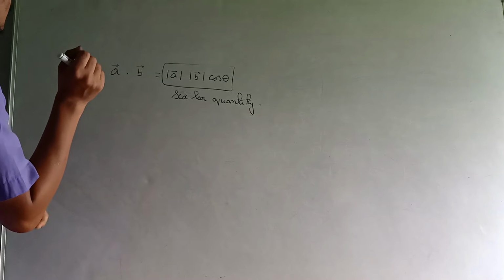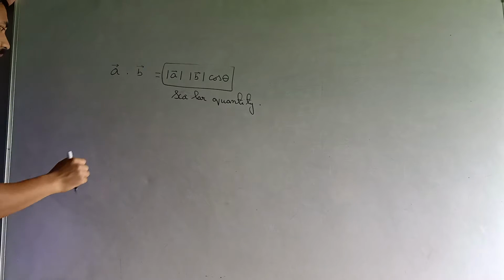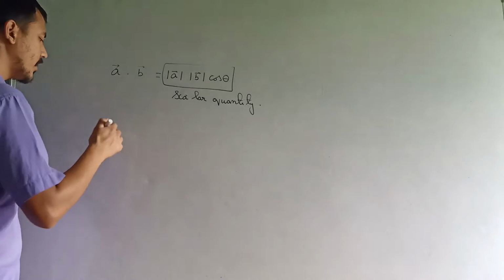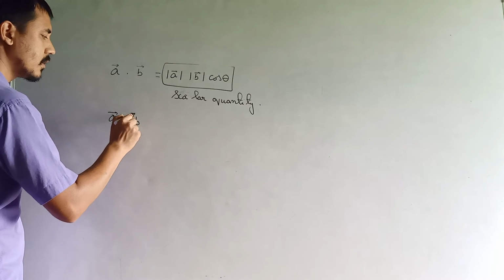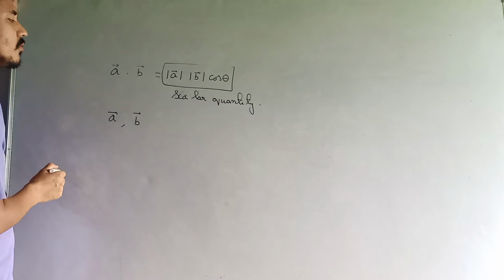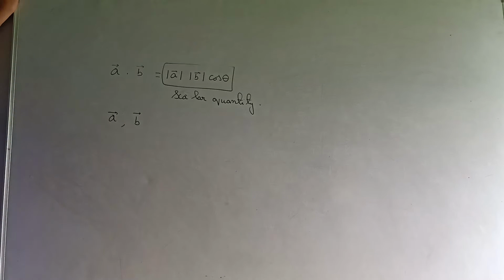Now you see, in vector algebra, if A and B are any two vectors, and if you are asked to find the product of A and B, there are two products defined in vectors.